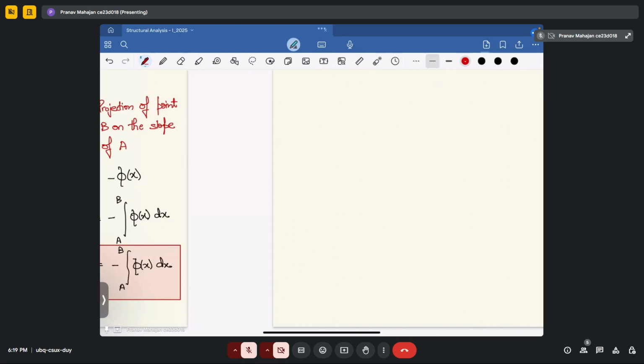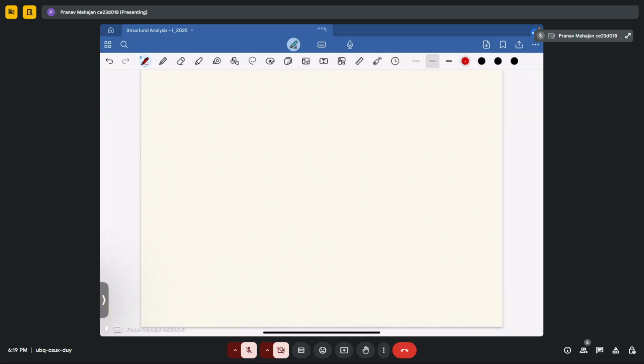Now let's talk about the second theorem. We can also say that d delta BA is equal to xB into d theta. This is your simple triangular rule. So this will give you delta BA equal to the integration from B to A of xB into d theta.